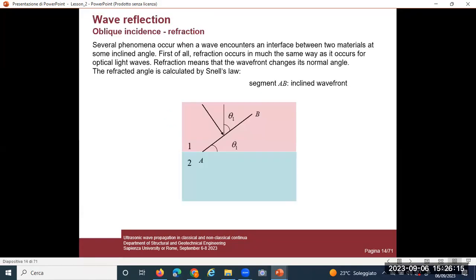When we have oblique incidence, we have a phenomenon which is called refraction. So imagine that we have two different materials, pink and blue, and we have a wavefront which is inclined with respect to the surface where the change of material properties occurs.